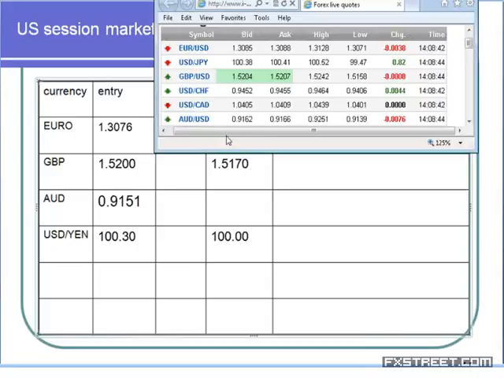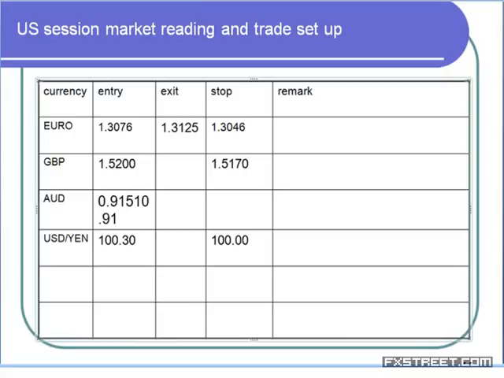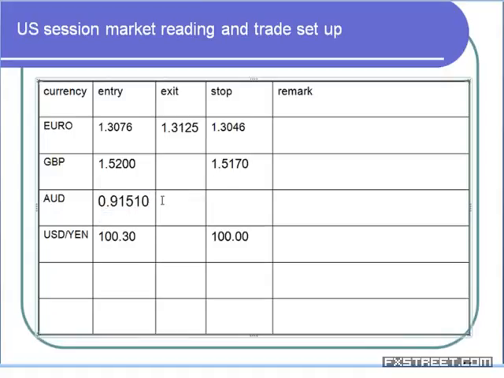It's 10 pips below the current market level. We will try to keep a limit buy order and the stop below that, 30 pips below.